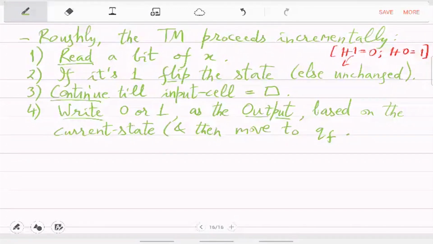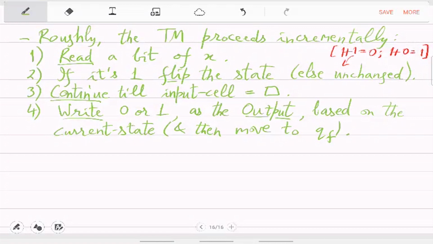So that is how the Turing machine would scan the tapes and change the state. Very simple algorithms, you can see, are clearly implementable, simulable by a Turing machine.